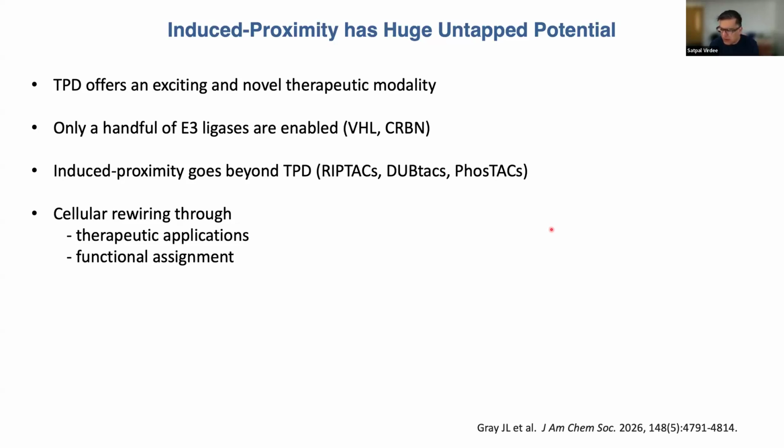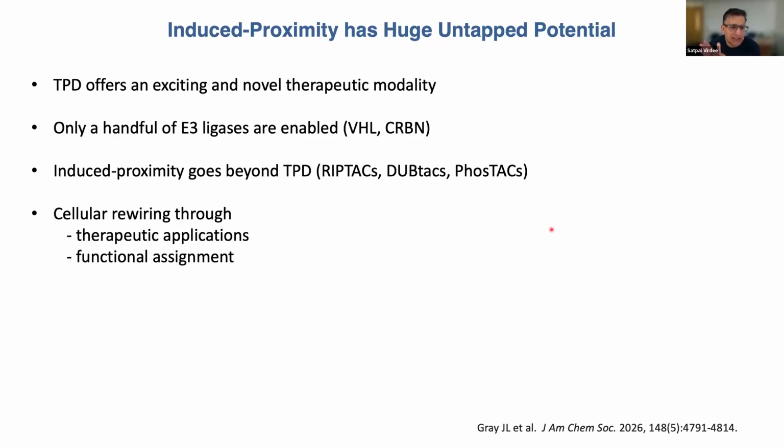And I think the most important answer to that question is this, because the mechanism relies on a cellular ligase as part of the therapeutic modality, one can actually harness biological specificity in a completely new way, and by that I mean, can we get tissue specific or disease specific degradation if we developed a PROTAC molecule or something like that that only targeted a ligase that was active or had much higher activity in the diseased tissue. So this is a really important area where discovering tissue selective ligases is important.